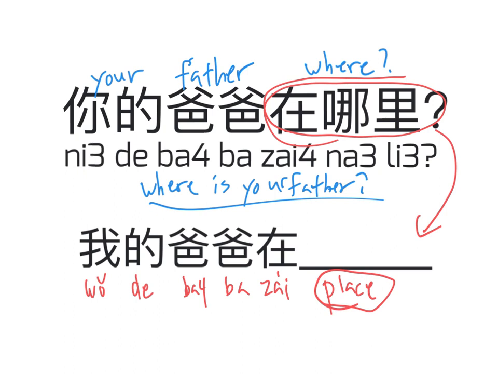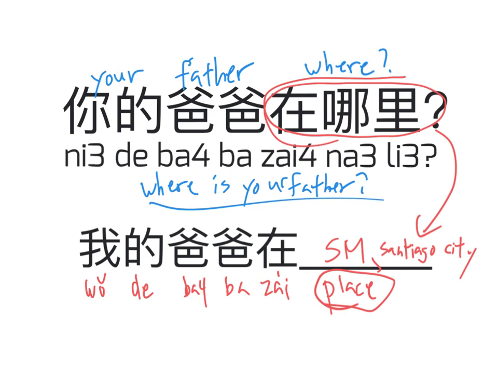For example, if your dad is in SM, you could say 我的爸爸在 SM. If your father went to Santiago City, let's say 我的爸爸在 Santiago City. So these are the different answers. This is how we say where. The question 你的爸爸在哪里? and your answer 我的爸爸在, and then a place.